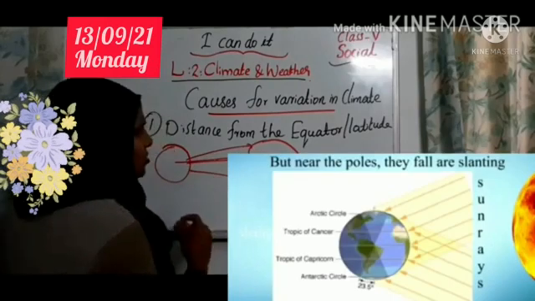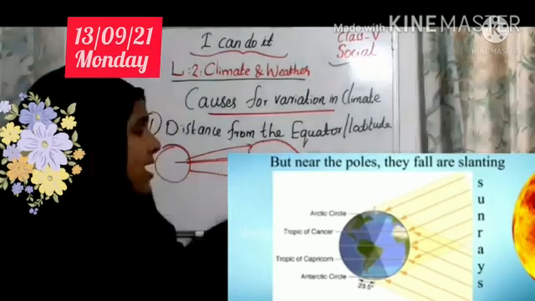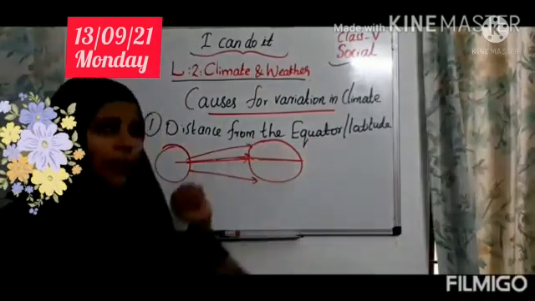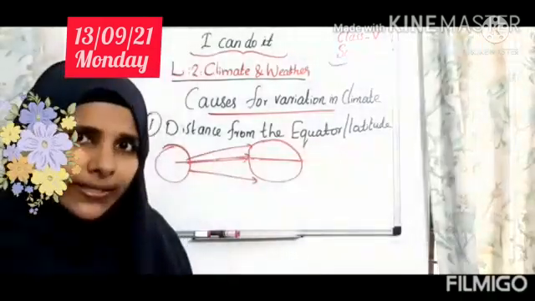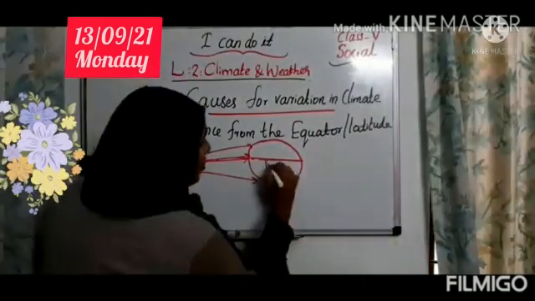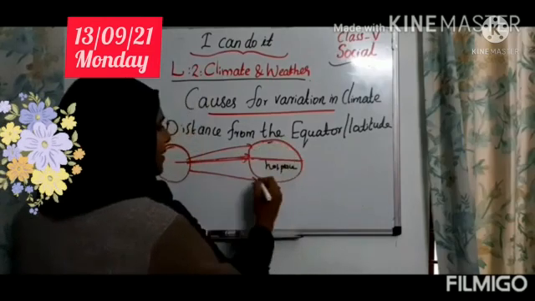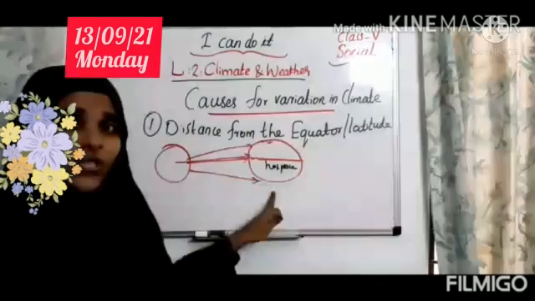So, when the sunlight strikes directly at the equator, the places on the equator are very hot places. And places near the pole region are very cold.